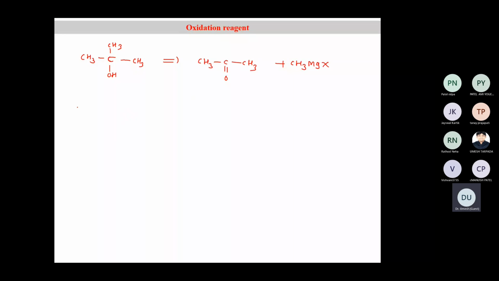So you can have CH3COCH3 when it reacts with CH3MgBr. Then the CH3 is added to here.